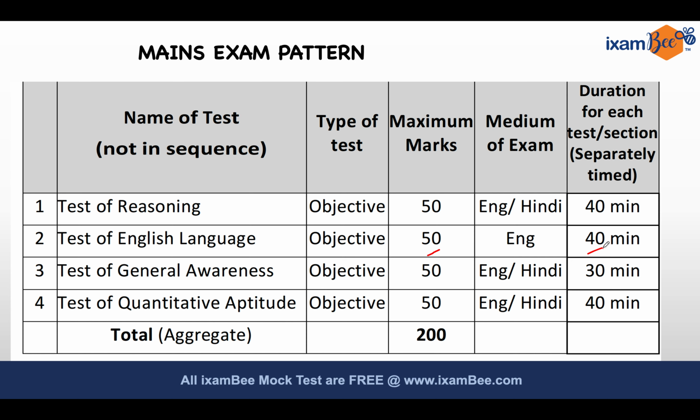The main point is that this time NIACL exam has become more challenging, because if you can see the marks and the time, it's a race against time. So time management is a very important factor.